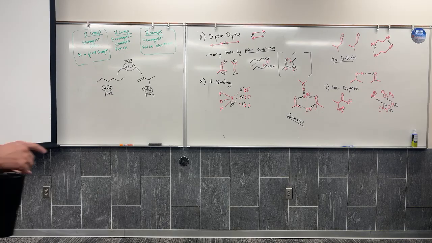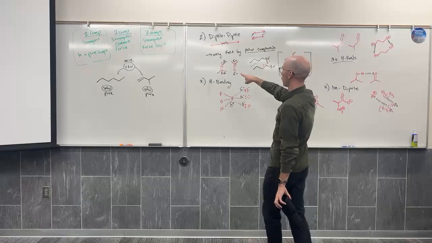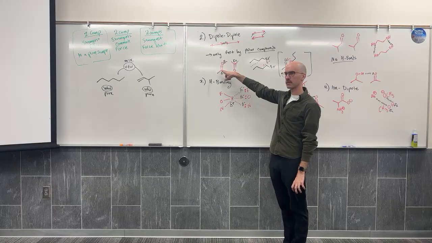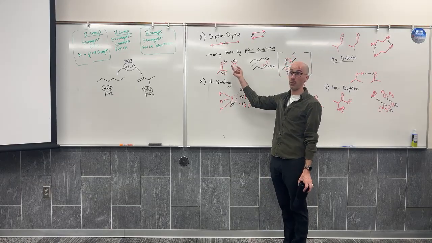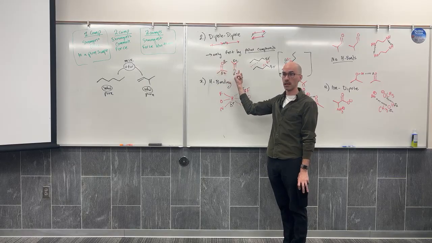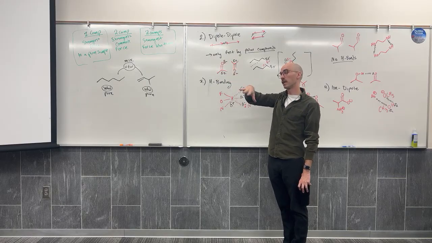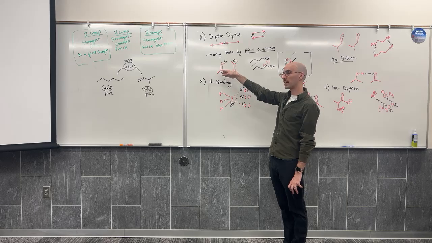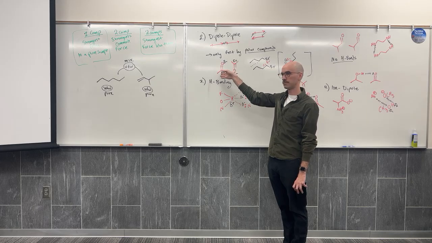What about this molecule? This molecule only has one polar bond, and it definitely has a dipole. So the two molecules have just one molecular dipole. The molecular dipole agrees with the bond dipole.